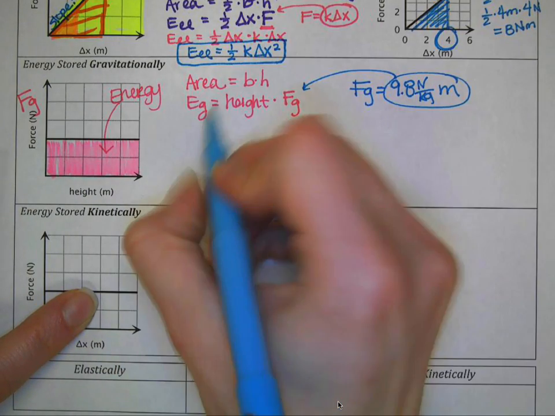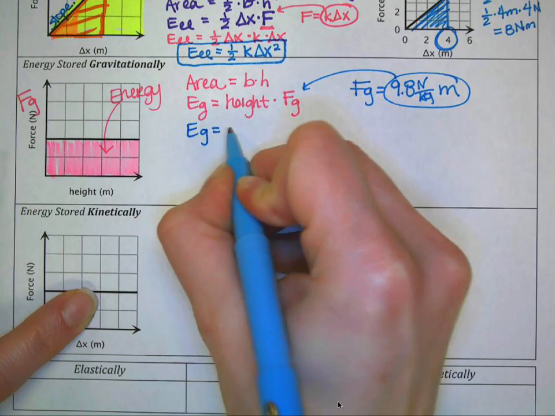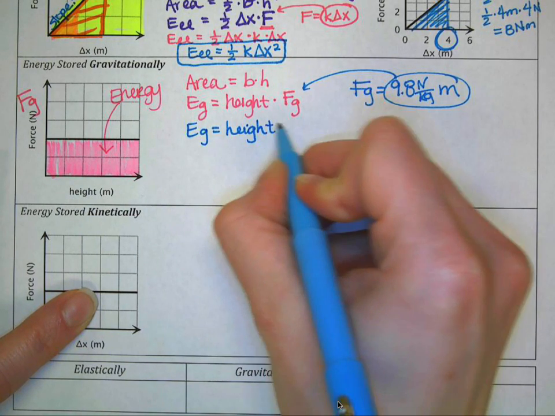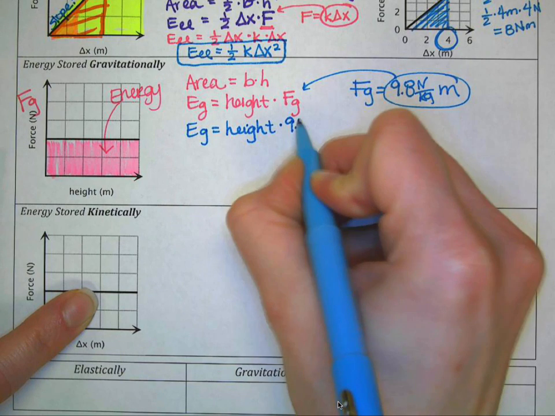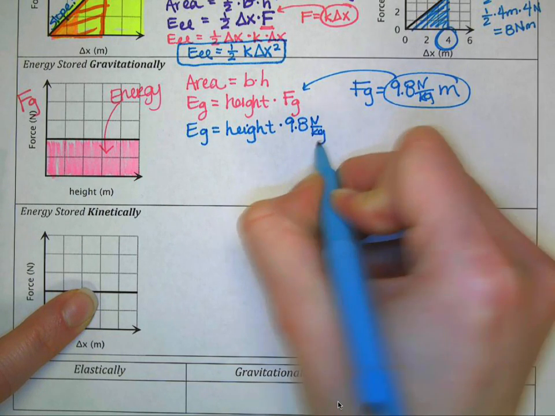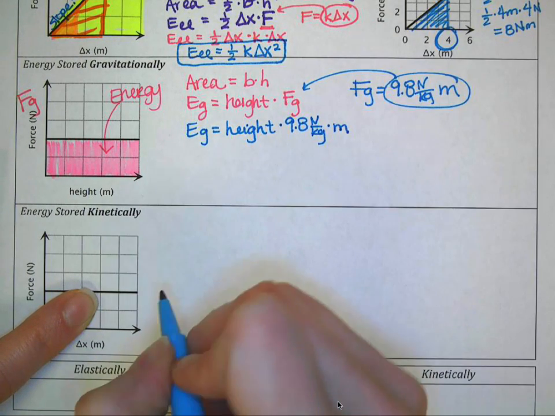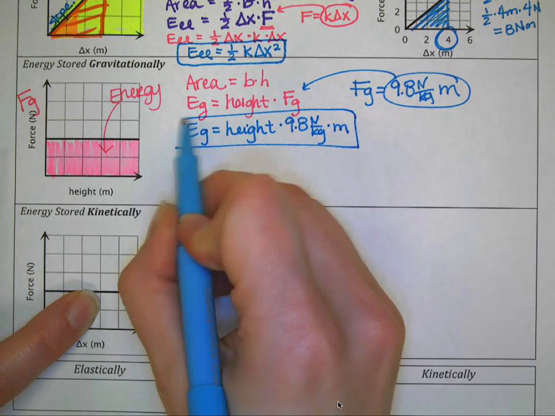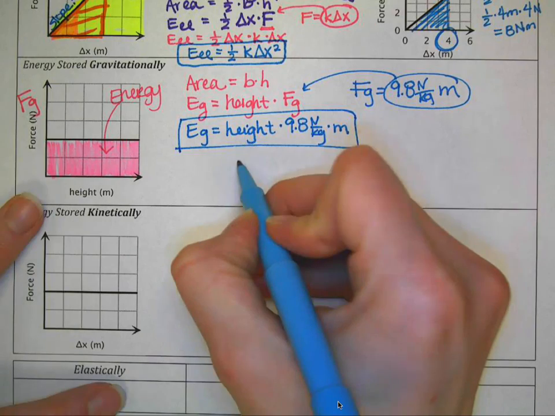So substituting that in, Eg, or energy stored gravitationally, is equal to the height times 9.8 newtons per kilogram times mass. And that's pretty much our equation.